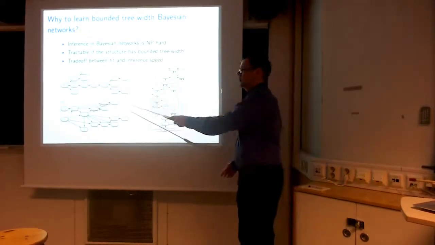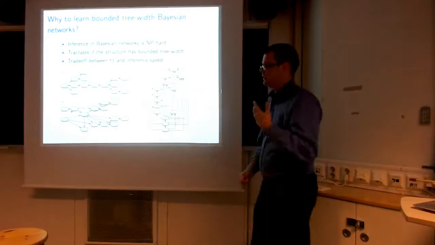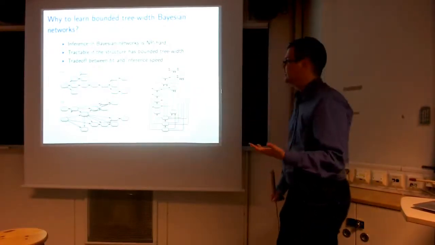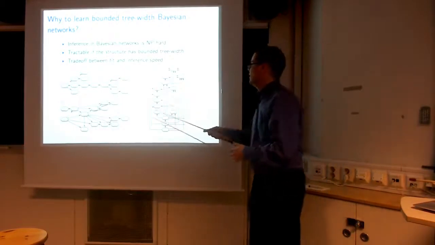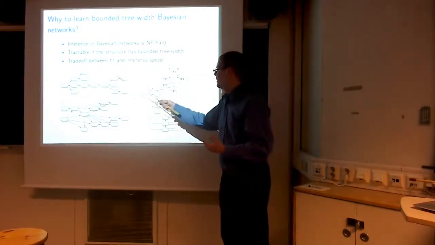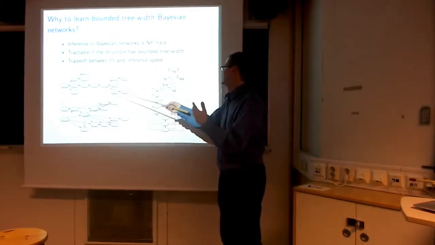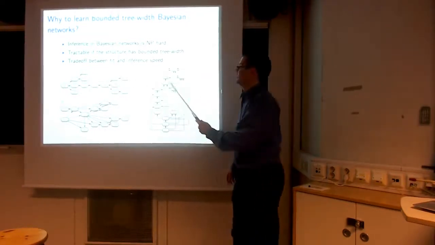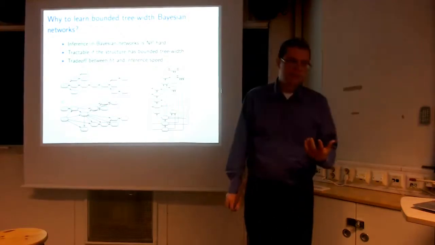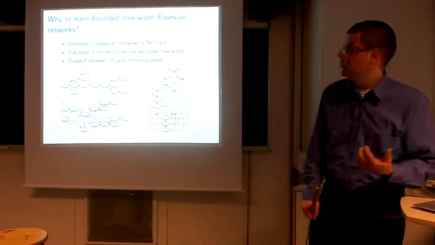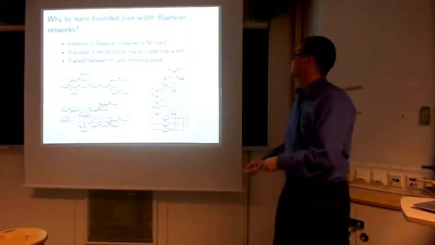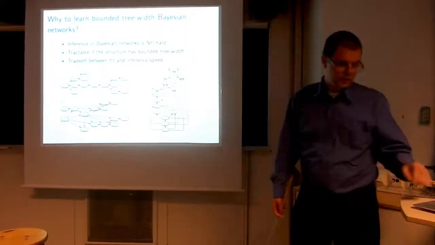So when we force the learned network to have low tree width, we then force dependent variables to be independent. And that's why this representation is not as accurate as this. So there is a trade-off between inference speed and the fit of the model, but the modeler can control that.